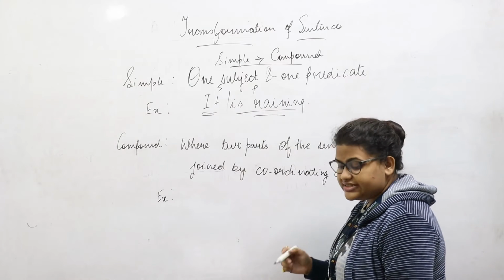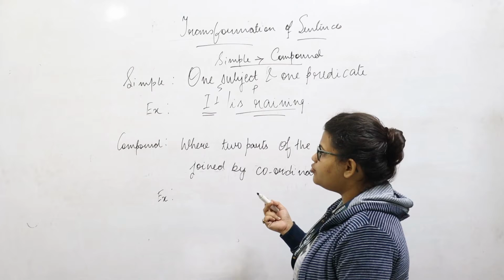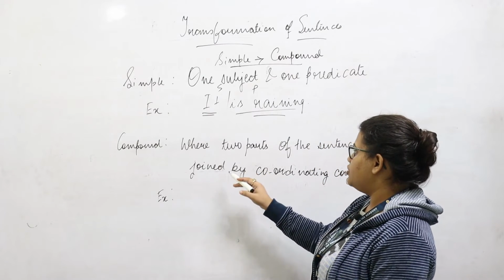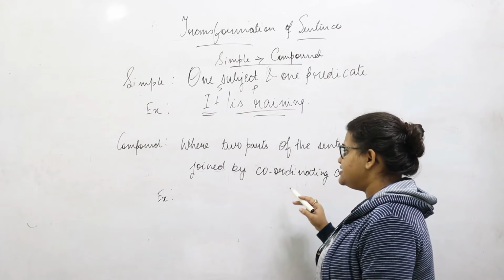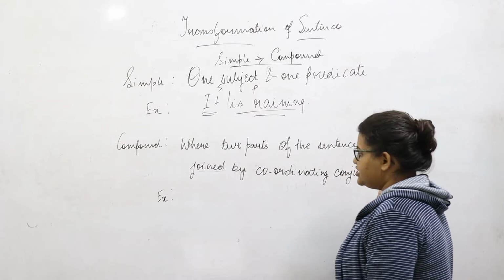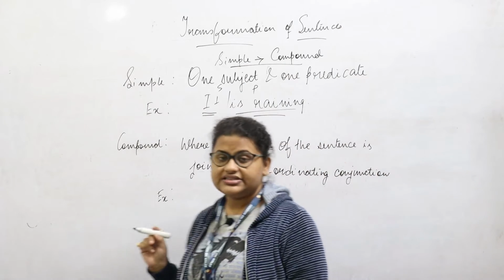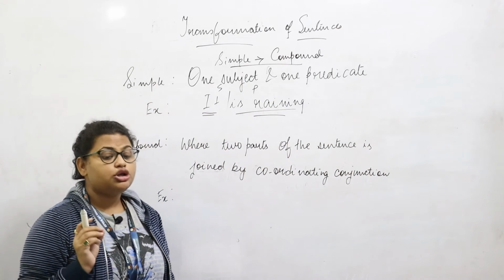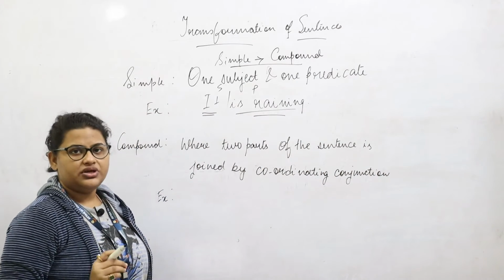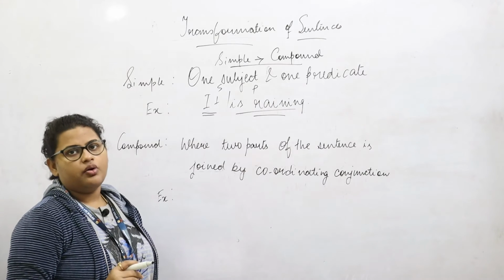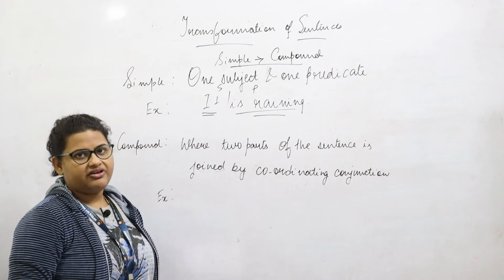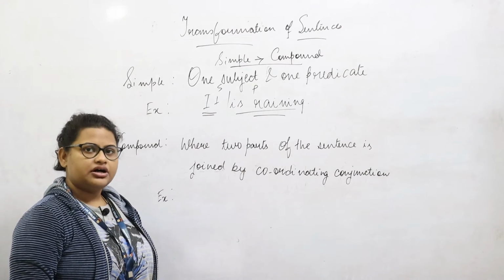But a compound sentence, as the name also suggests, is a little more difficult than that, where the two parts of the sentence are joined by a coordinating conjunction. We usually use a lot of compound sentences while we are writing or speaking. However, maybe we do not know the fact that we are using a compound sentence.